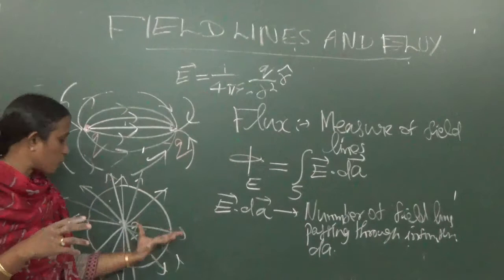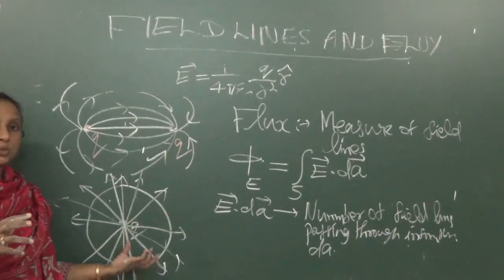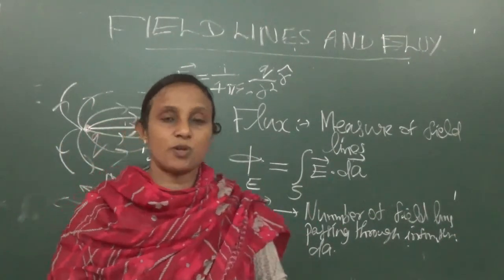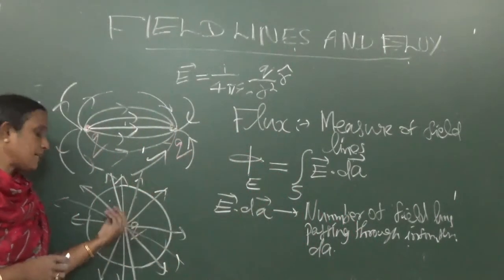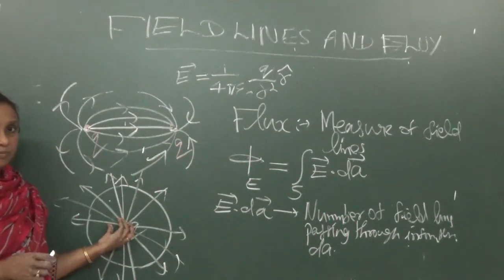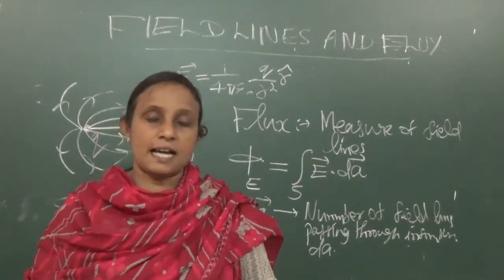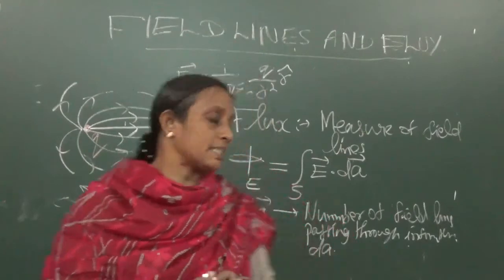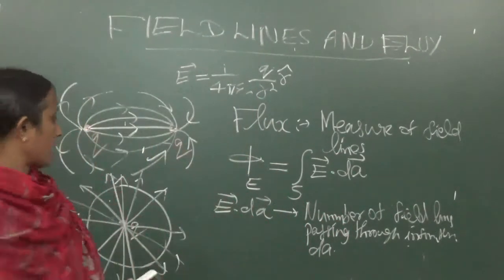So the flux through this closed surface is equivalent to the total charge enclosed by the surface, because all the field lines are emanating from the charges inside this surface. So here you can define this flux as flux is equal to the total charge inside the surface. So now you can write the points here.